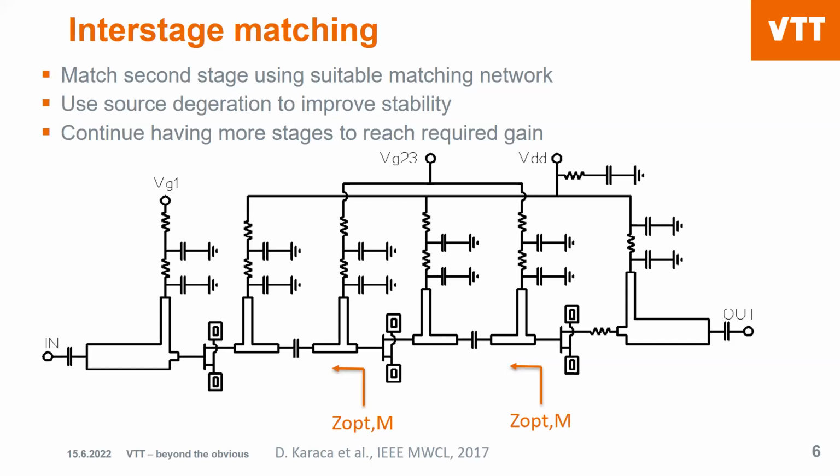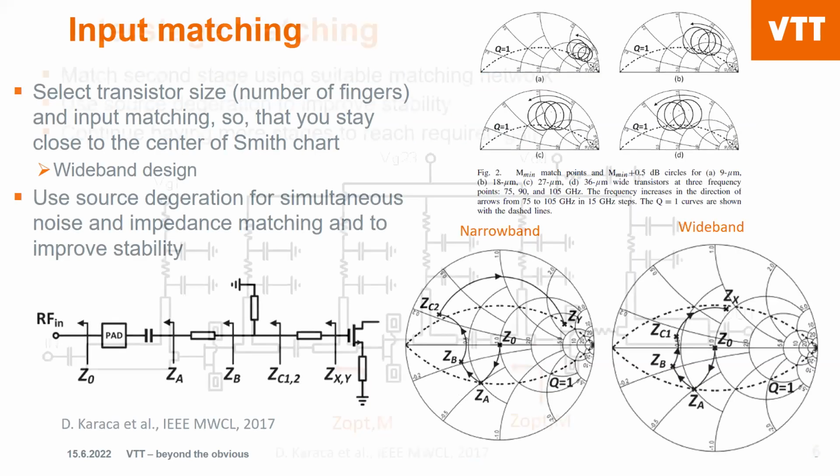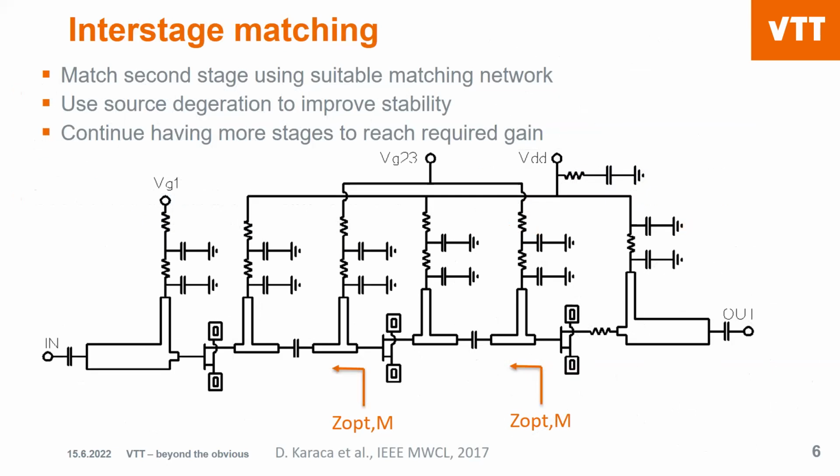Okay, did we jump something? Okay, input matching is there. So we will start the design on that part soon. Then how it would continue: we would add the first transistor to our design. We would design for the second transistor similarly on a Smith chart to optimum, maybe optimum noise.